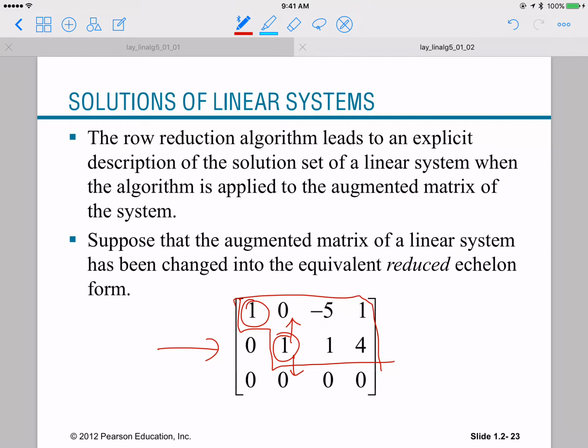But what if we have this kind of reduced echelon form? In this case, let's convert it to equations. So it will be 0 equals 0. And then we have an equation with x2, and then x1.